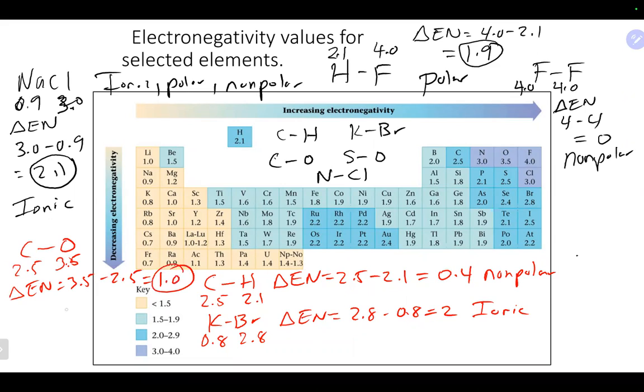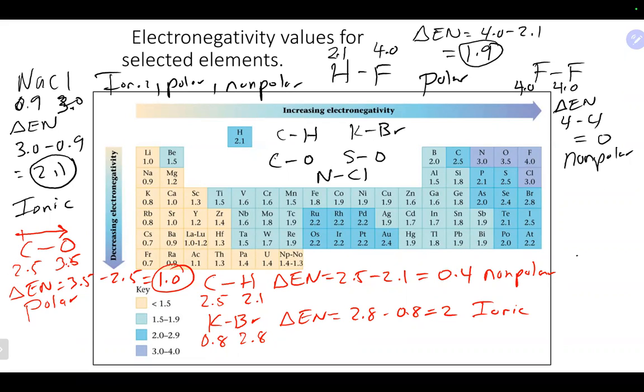That is going to mean carbon oxygen would be a polar bond, where if I drew the little arrow, it should be pointing towards which one? It should be pointing toward the one that's more electronegative, which would be the oxygen. Oxygen would be more negative in that bond, right? And the carbon there would be more partially positive.